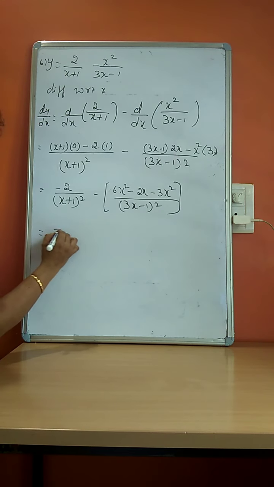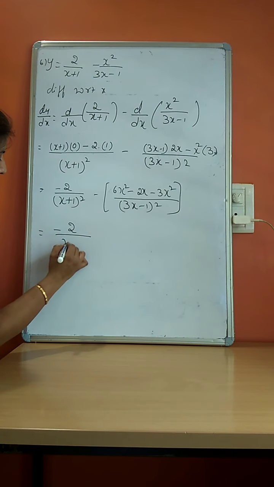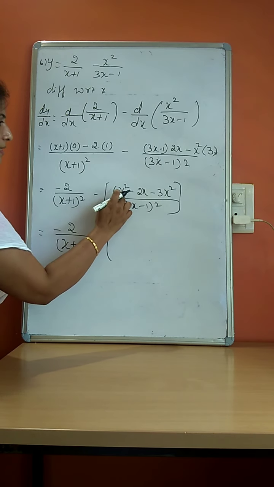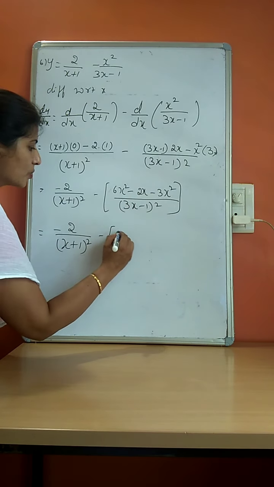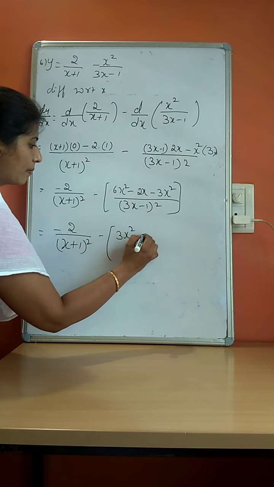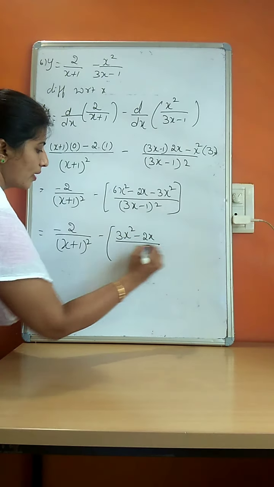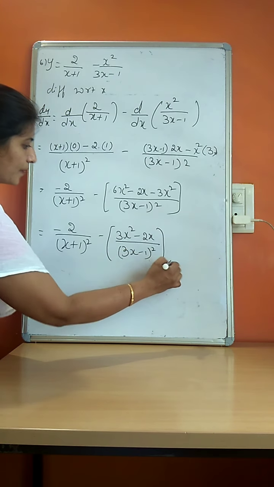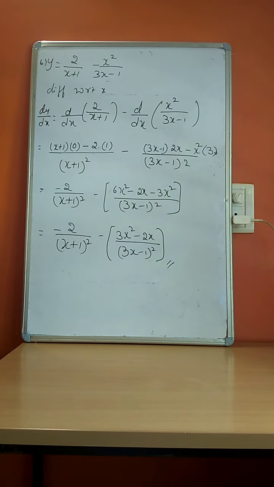This must be is equal to minus 2 divided by x plus 1 whole square minus 6x square minus 3x square is what? 3x square minus 2x divided by 3x minus 1 whole square is the required solution.